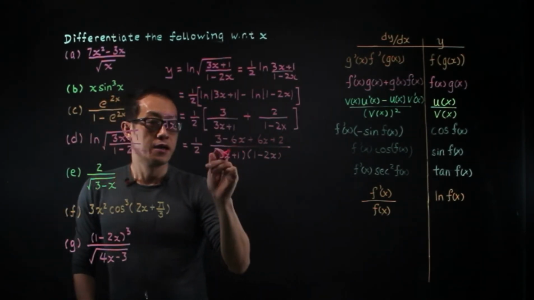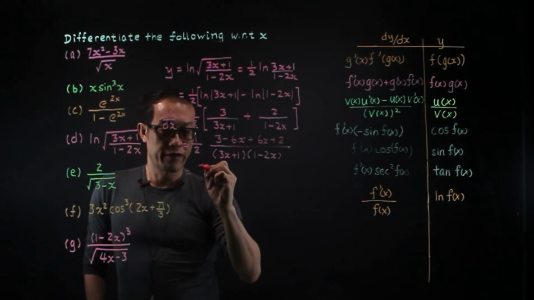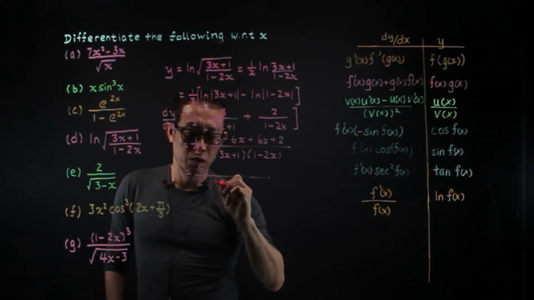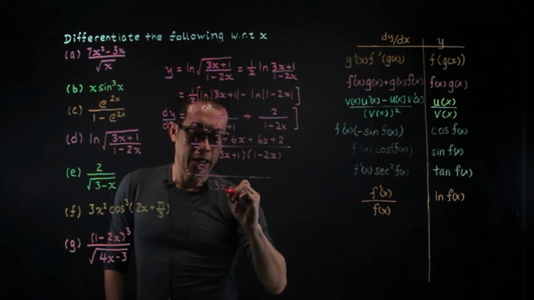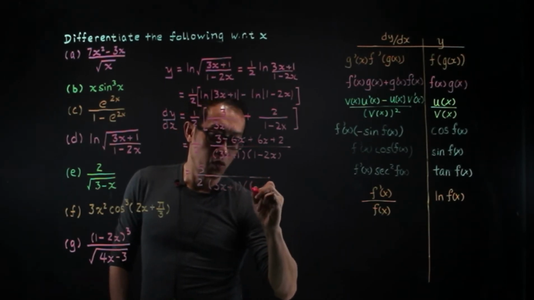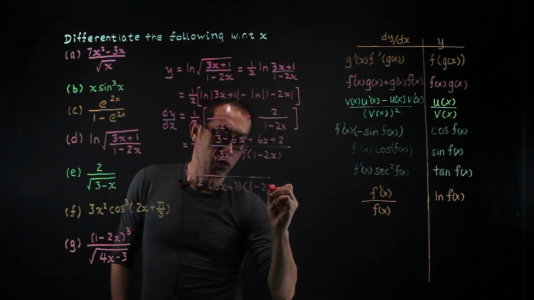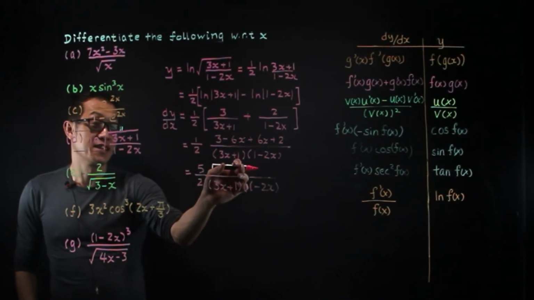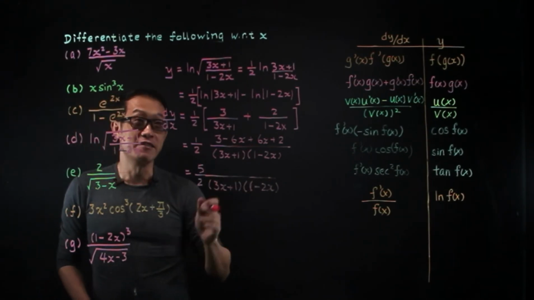Alright, so you have 5 over 2 into 3x plus 1 into 1 minus 2x. Okay, now the 5 you can put over here, looks better. Okay, but just leave it this way.